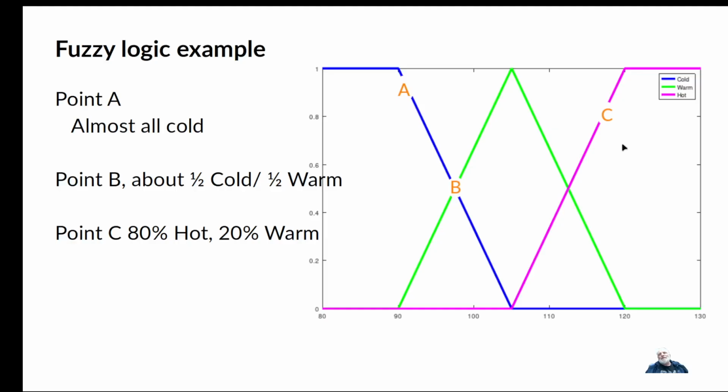We're not 100% hot yet, but we're getting pretty close. So we want to turn that fan on quite a bit, and we probably want to turn the heater down or off, depending on what you need.